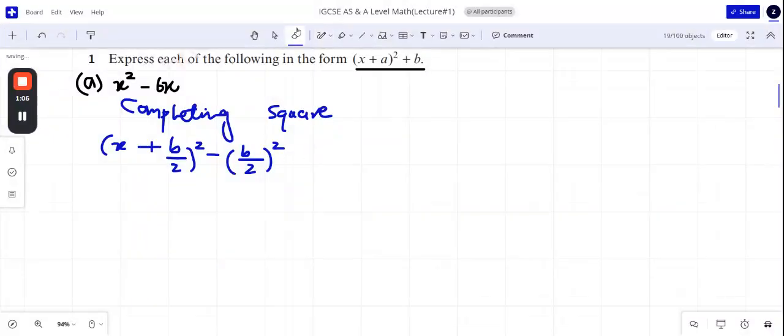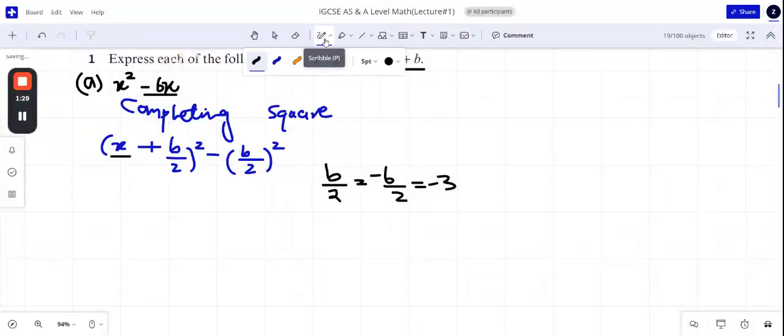So now, what is the b? x always will remain the same. b is the coefficient of x. Here we have the coefficient -6. So first we will find the b/2, which is -6/2. So it becomes -3. So let's substitute the values in the given formula.